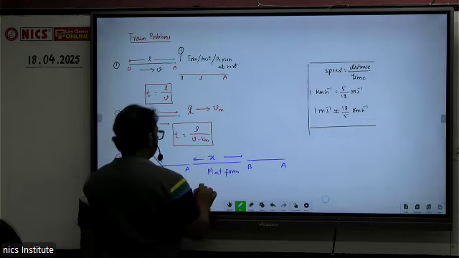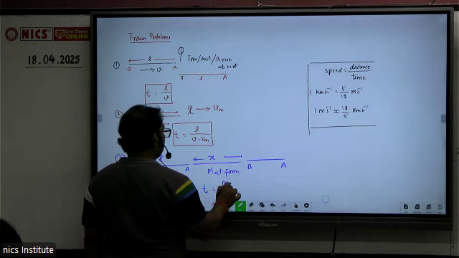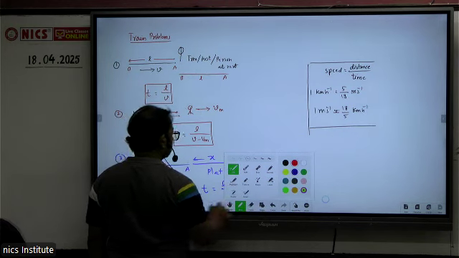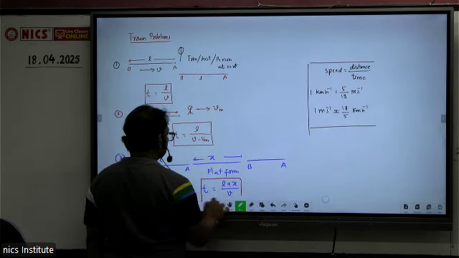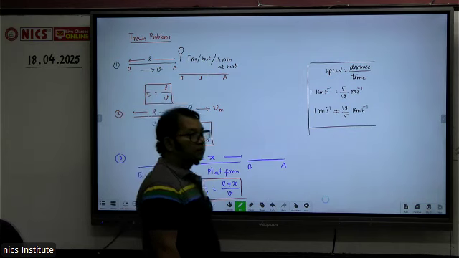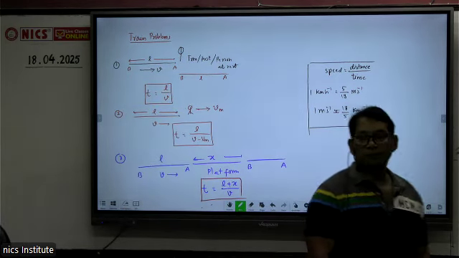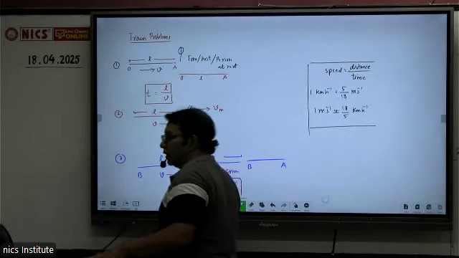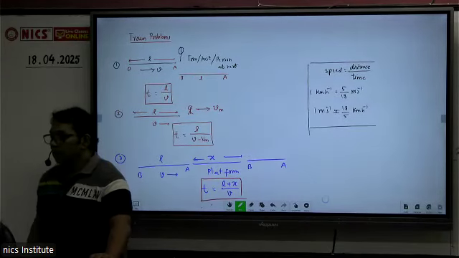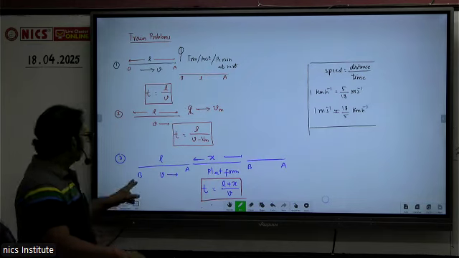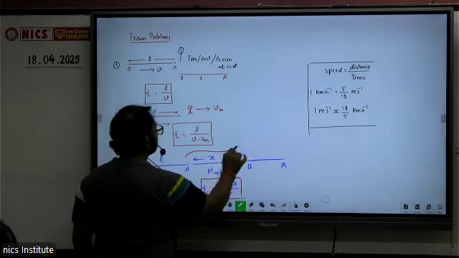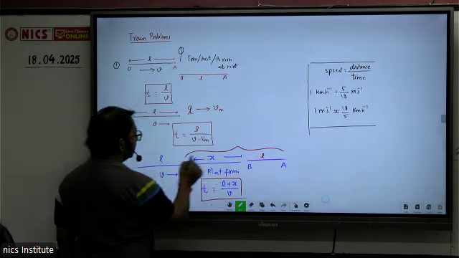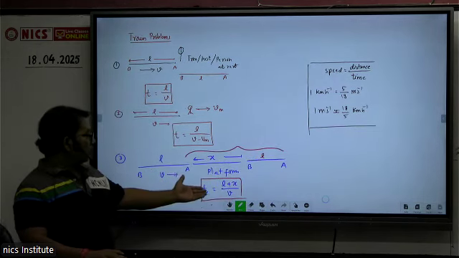So what is the time? L plus x divided by V. So this time, it has to see A to A. What is the distance? A to A distance would be L plus x. So total distance covered by total time taken.